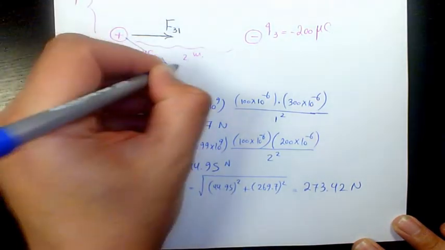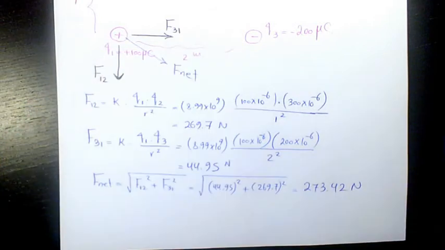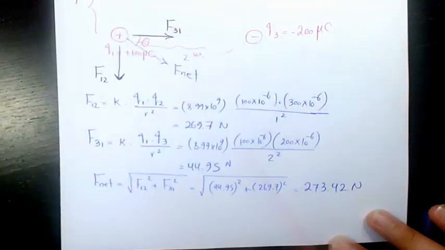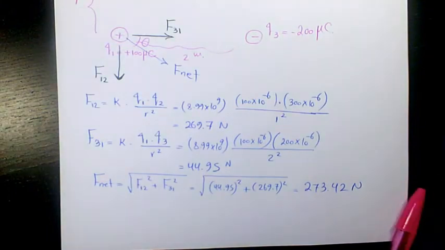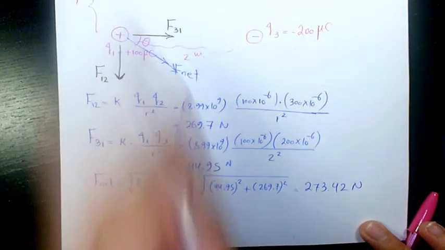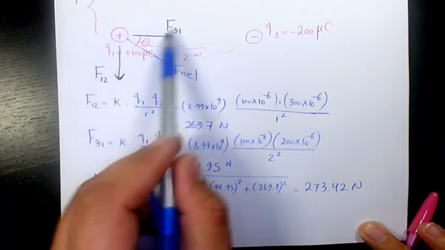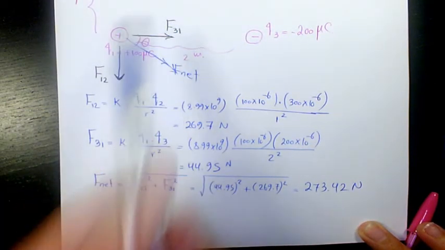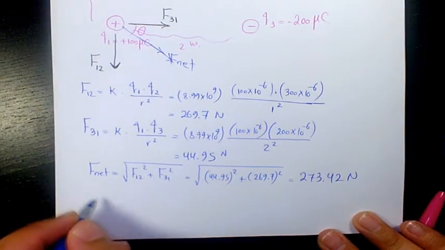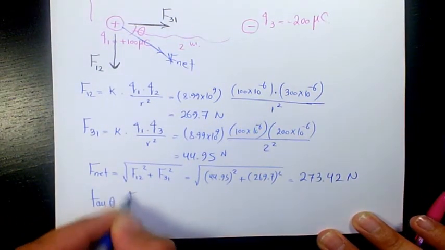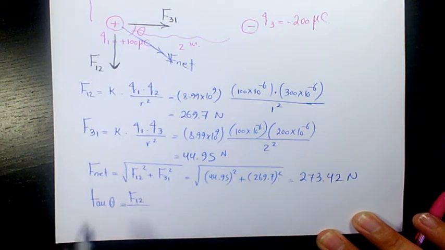And then, how to find the theta, because this one is going to be F net. How to find this theta in here, we can say opposite is going to be F12, adjacent is going to be F31. So I'm going to say tan theta equals F12 divided by adjacent, which is F31.